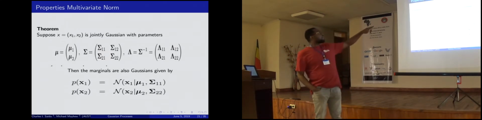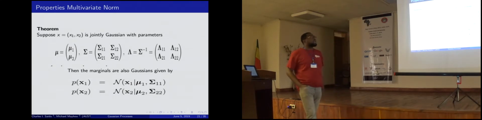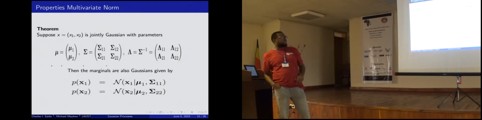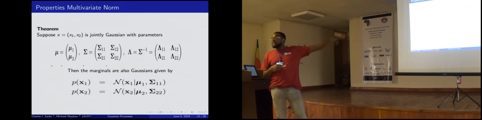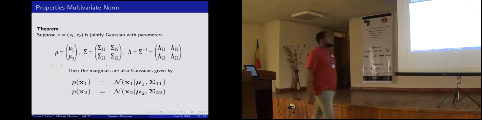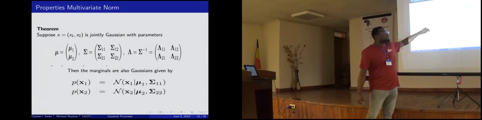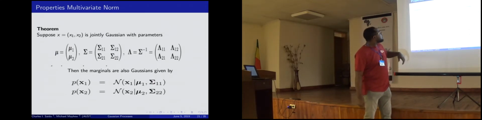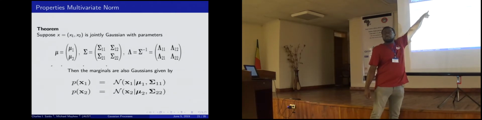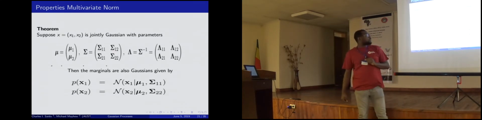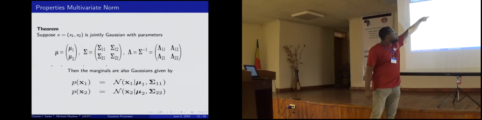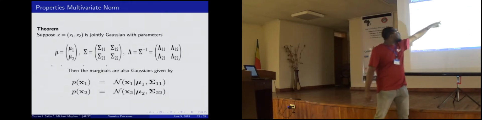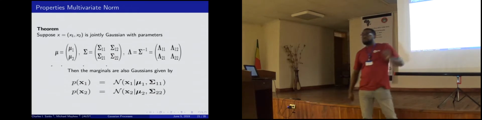Now, suppose you have x, and you define x to be jointly Gaussian with that parameter. Then the marginal is also a Gaussian, okay? So what that means is this variable is also a normal distribution, parameterized by this mu and this covariance matrix.